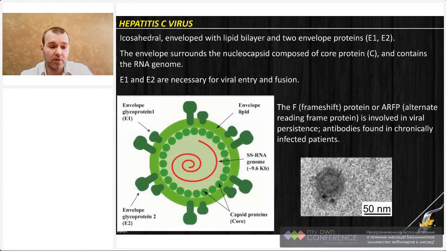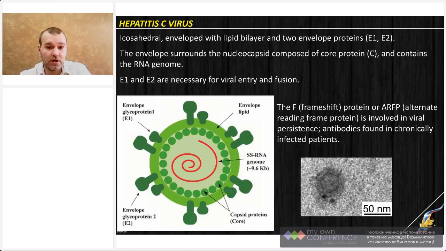So if you talk about the structure of the virus, the virus is enveloped. Two major proteins are identified: envelope protein 1 and envelope protein 2, or E1 and E2. And the capsid is made of an additional protein, which is named C, and the RNA genome is packed in the capsid.